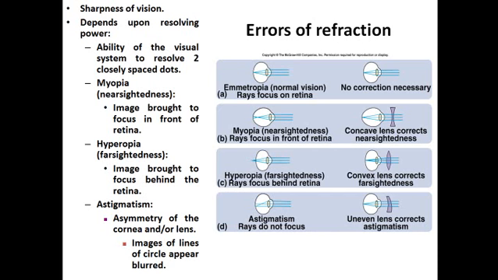Sharpness depends upon resolving power, the ability of the visual system to resolve two closely spaced dots. As we said, here in emmetropia, normal vision, there is no correction, while for myopia, as we see, the image is in front of the retina. Here the correction is by a concave lens, which corrects nearsightedness by scattering the light a bit so that it falls farther behind, exactly on the retina.